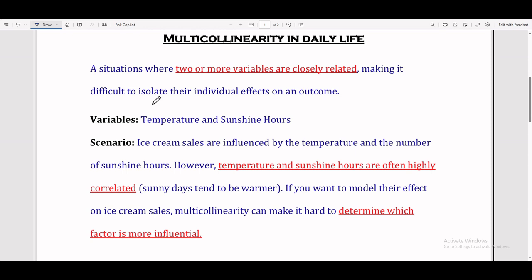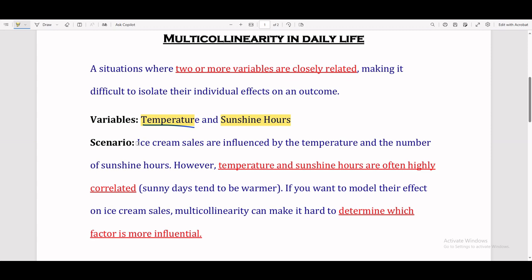So in daily life, suppose one variable is temperature and the other variable is sunshine. What is the scenario? What is the experiment? Ice cream sale.